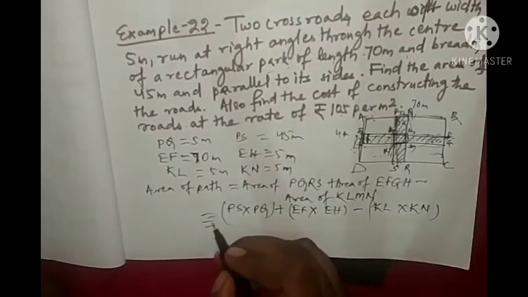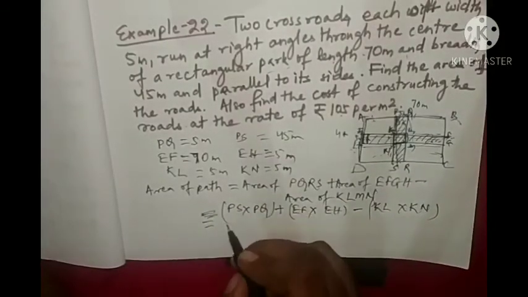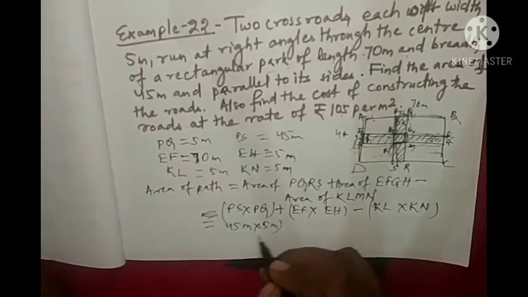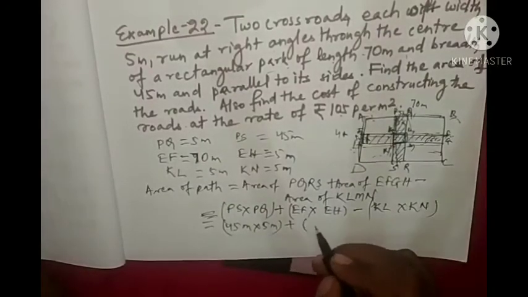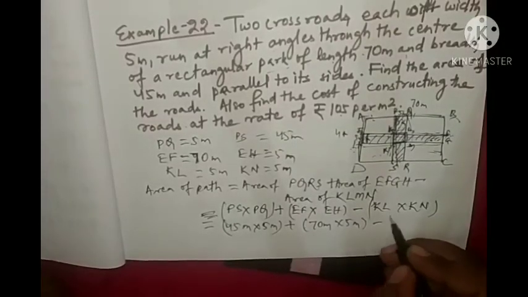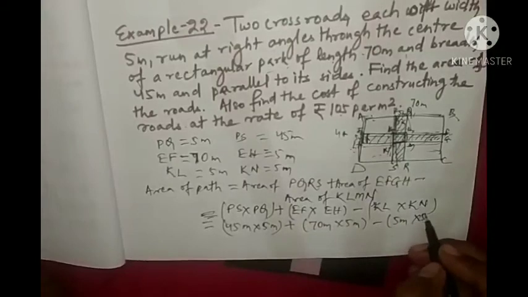So write down 45 meter into 5 meter plus 70 meter into 5 meter minus 5 meter into 5 meter.